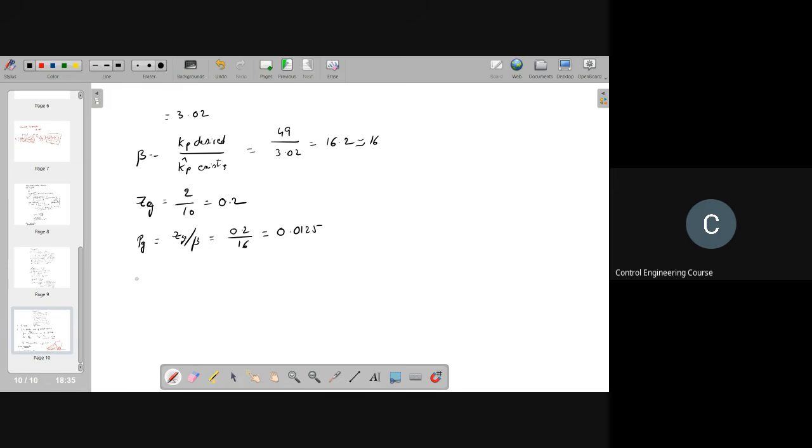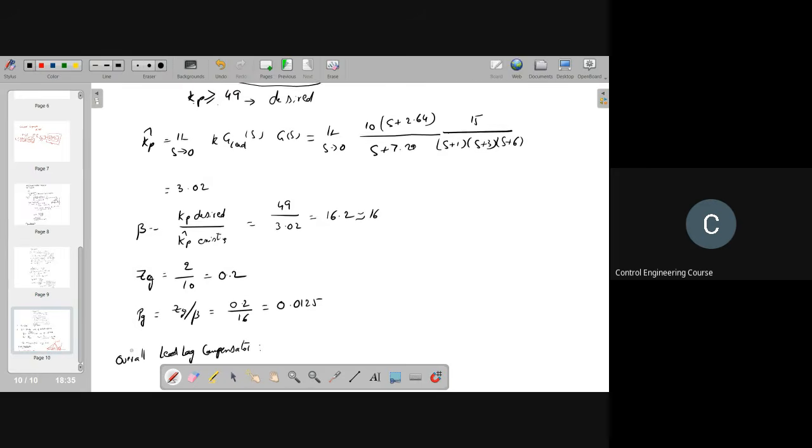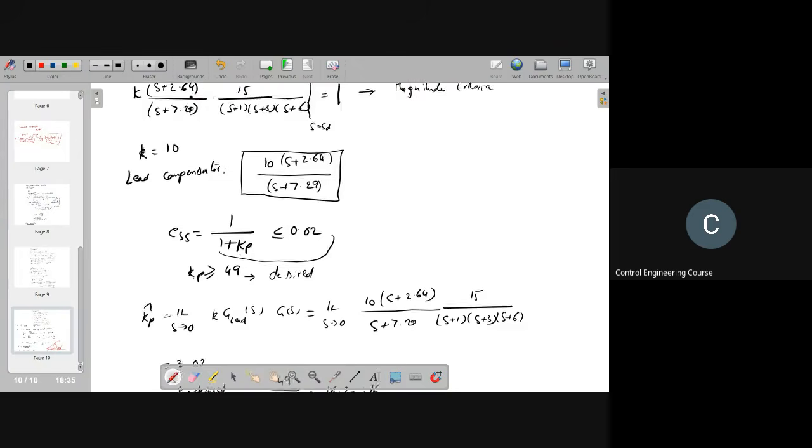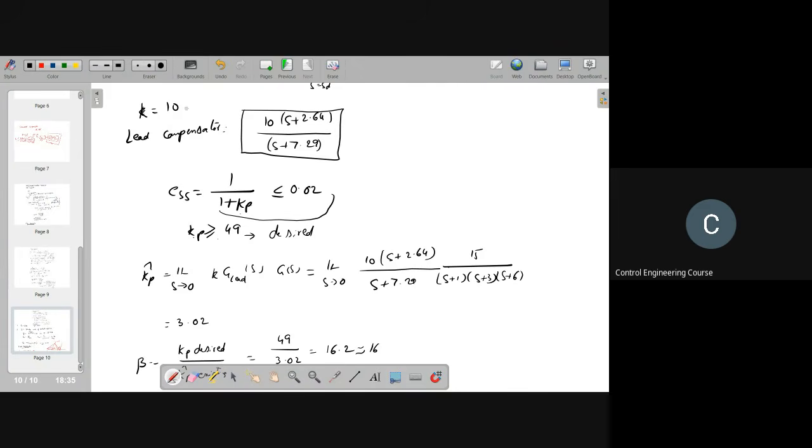So now the overall lead-lag compensator. We got K as 10.